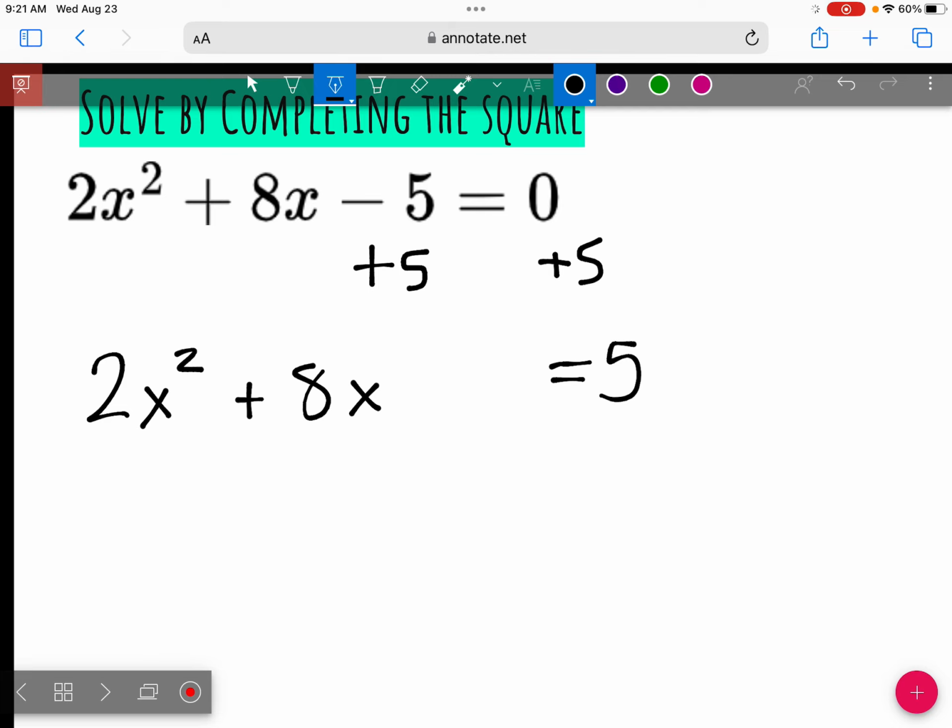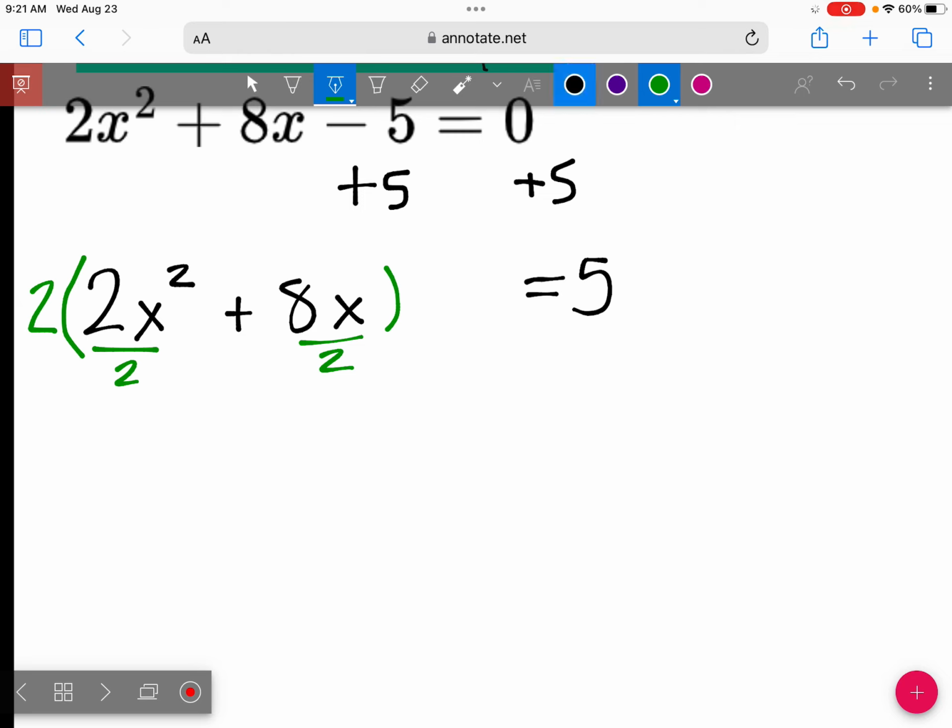Before we just start hopping in with trying to do k over 2 squared, I've got that 2 in front of the x squared. We don't like that when we're trying to get this to be a perfect square. So what we're going to do is factor out a 2 like a GCF. Divide this guy by 2, divide this guy by 2. So we're going to have 2 times x squared plus 4x equals 5.